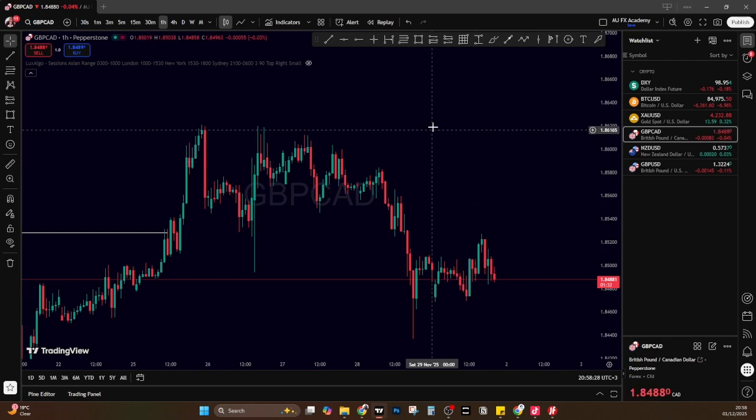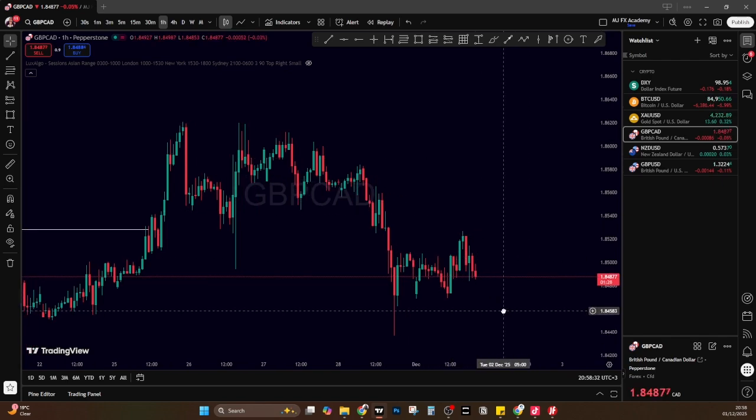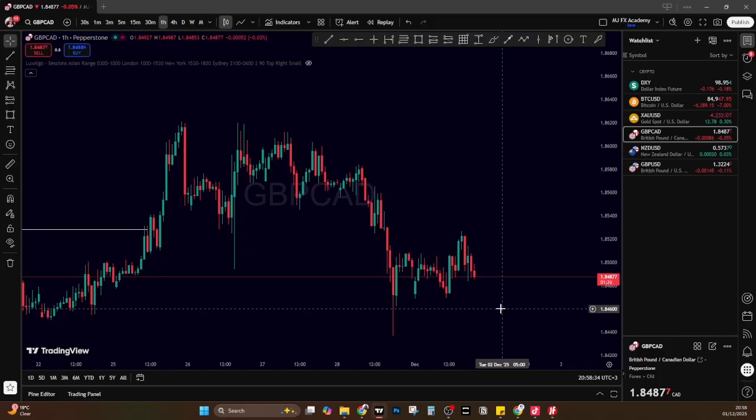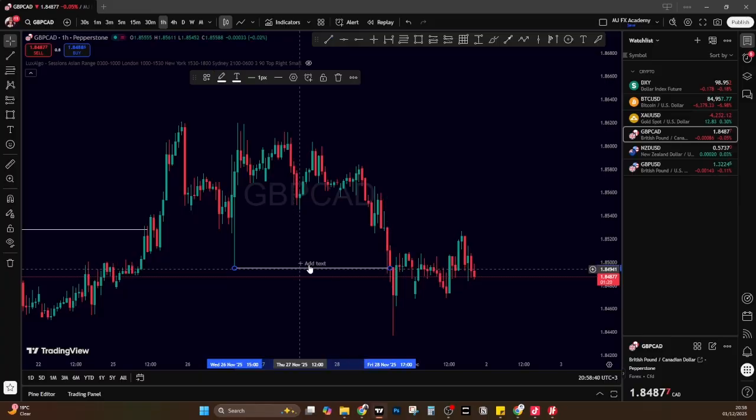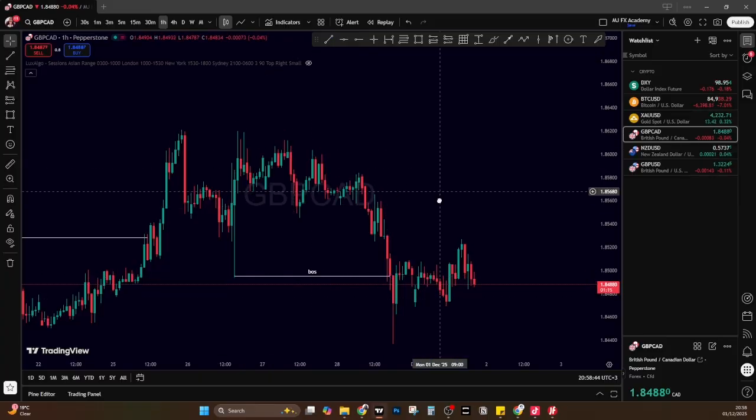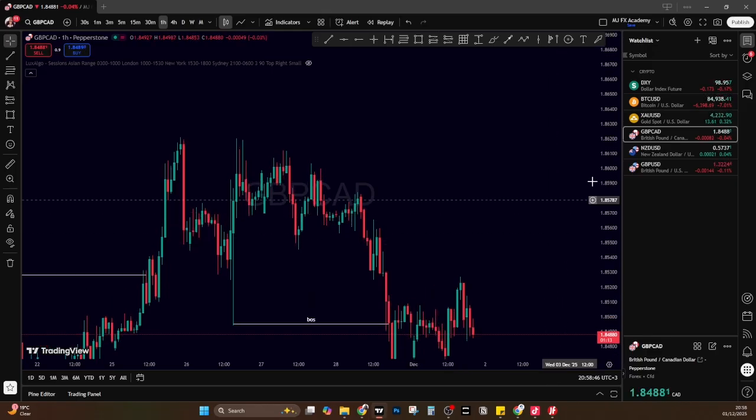Now let us use order flow to come to terms on how we will be part of this. Now if you look at this, the market broke this structure here, BOS. The market broke that structure.